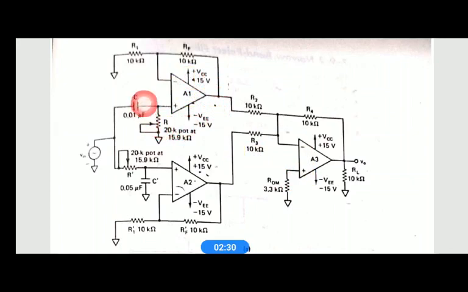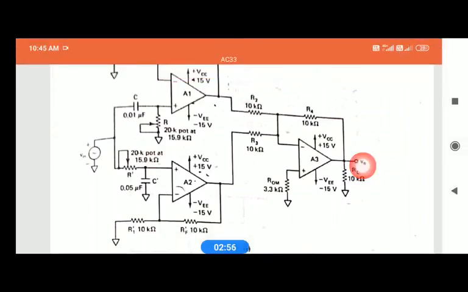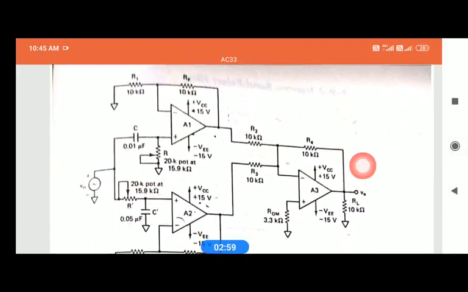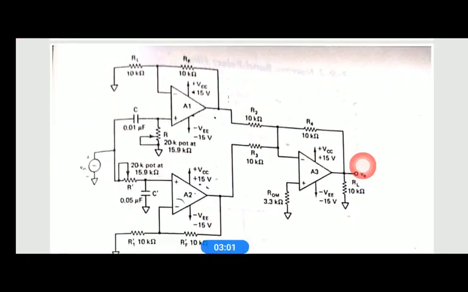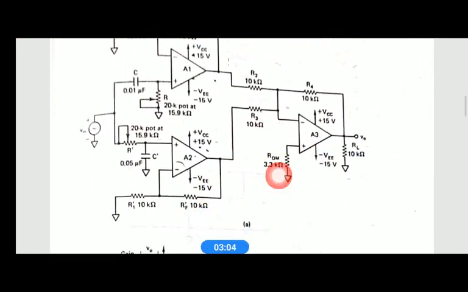So the first one is a high pass filter and this one is a low pass filter, and the outputs of this high pass filter and low pass filter are summed by using a summing amplifier here, right? The output of the summing amplifier is our filtered output. So to design this filter, we are using a high pass filter, a low pass filter, and a summing amplifier, right?